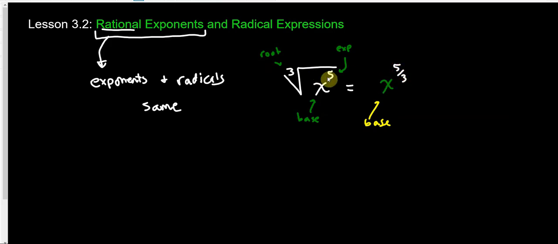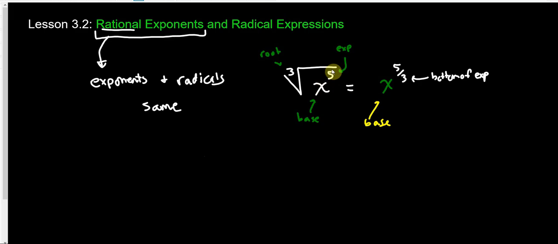These two things are the same. Notice the root comes down to the bottom of the exponent, and what was the exponent goes to the top. So get cozy rearranging these, because sometimes it's easier to work in one form or the other.